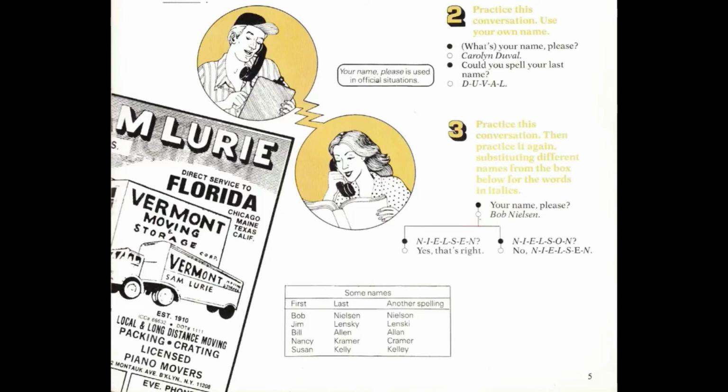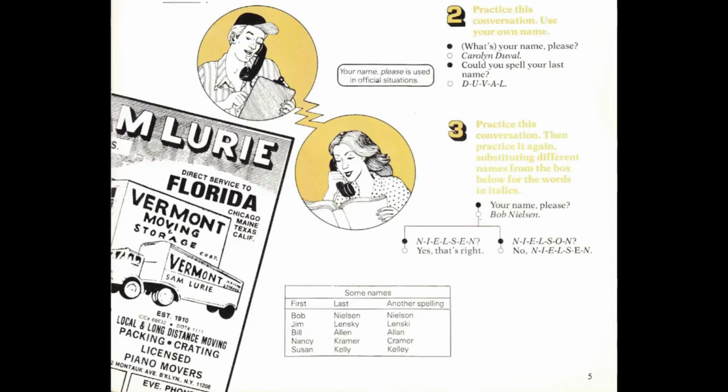Now, exercise 3. It says, your name please, Bob Nielsen, Nielsen. Yes, that's right, because in the box we can see it like that, written like that. But on the other side, your name please, Bob Nielsen, Nielson? No, Nielsen.